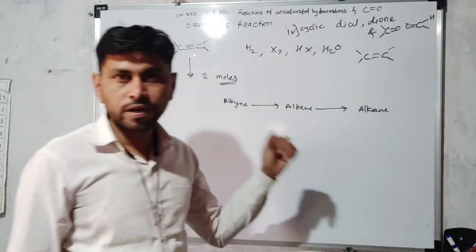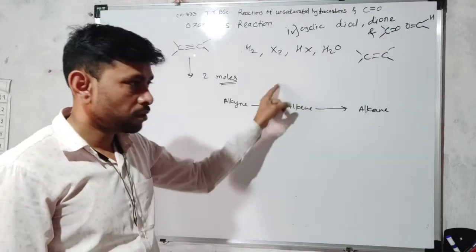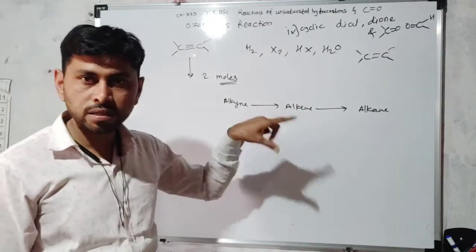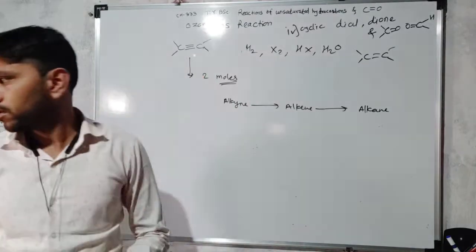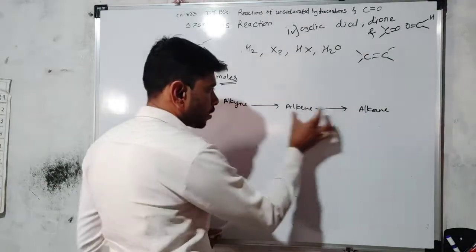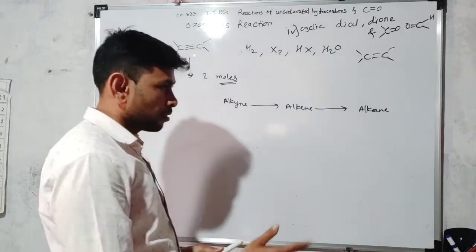So this is the trend of the reaction, but it is possible to stop the reaction at the alkene stage by controlled conditions.